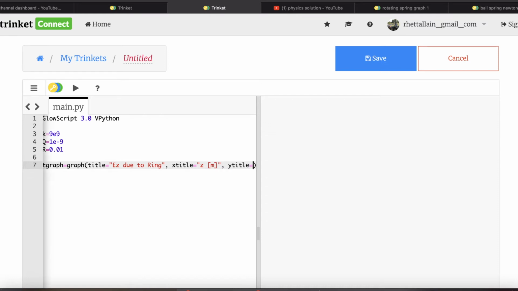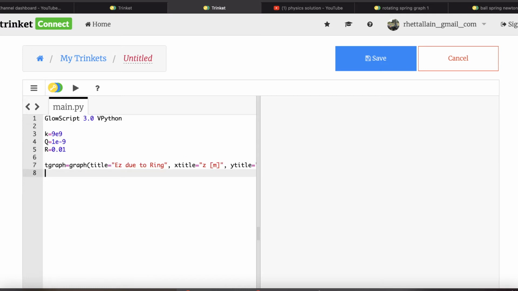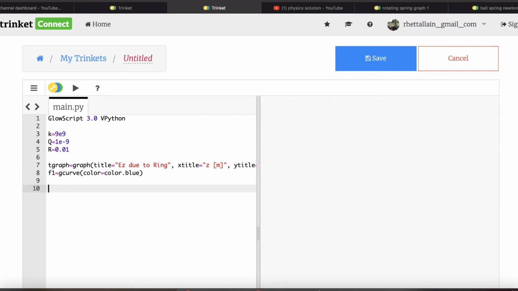And that's going to be E_z, the Z component of the electric field in newtons per coulomb, sorry. Okay, that's good. Now I need the curve, so let's call this f1 equals gcurve, color equals color.blue. I always make it blue, and I don't even know why.